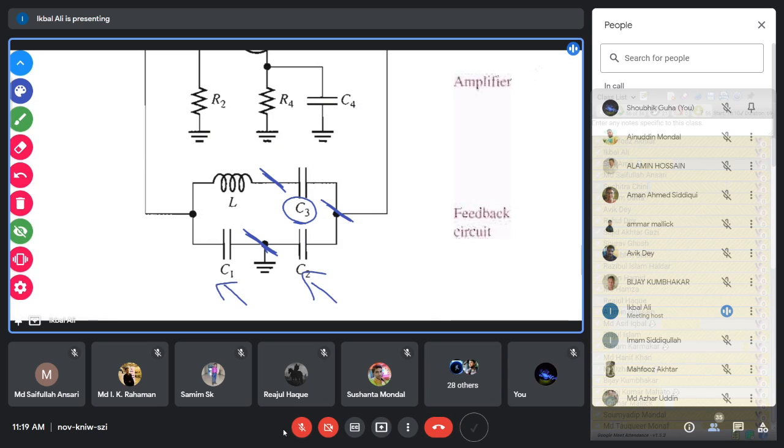You can understand this much from the construction. You have introduced a new capacitor C3, and no end of it is connected to ground. So the stray capacitances between the base or collector point and ground cannot come parallel to this capacitor. It is completely free from the stray capacitance effect.